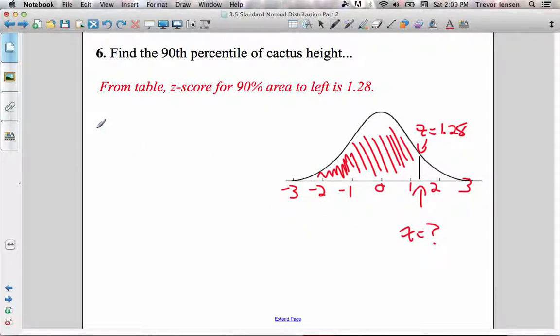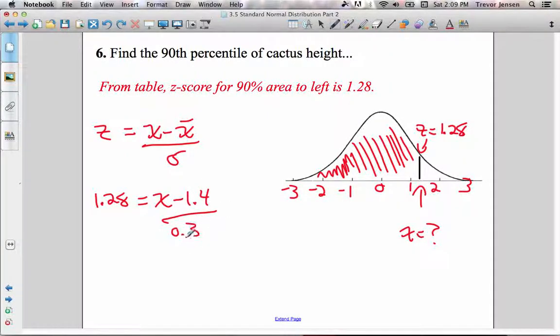So we're going to have to use our z-score formula. Z-score equals x minus x bar divided by standard deviation. We know the z-score is 1.28. We don't know the x value. We do know the mean of the set of data is 1.4, and the standard deviation of the set of data is 0.3.